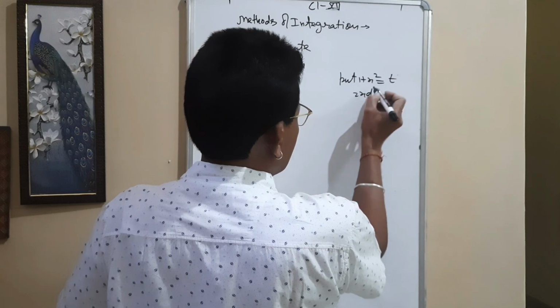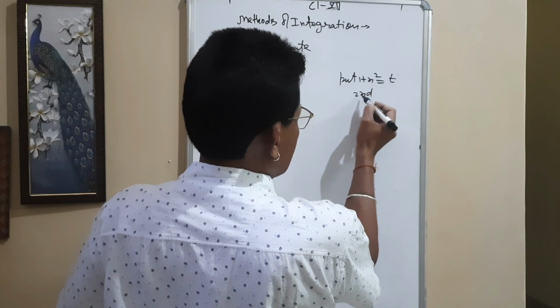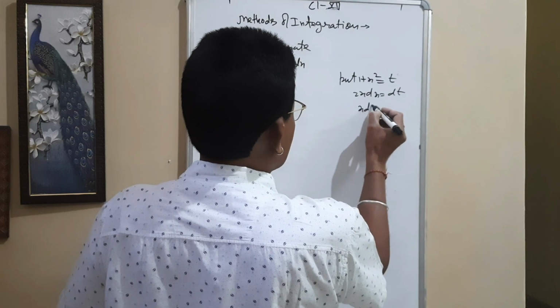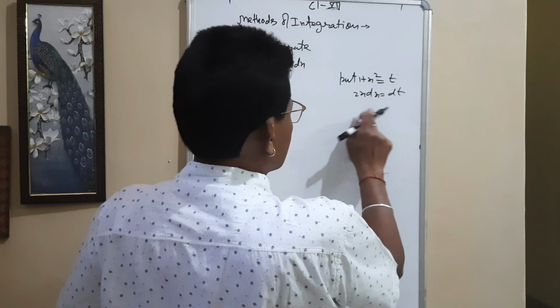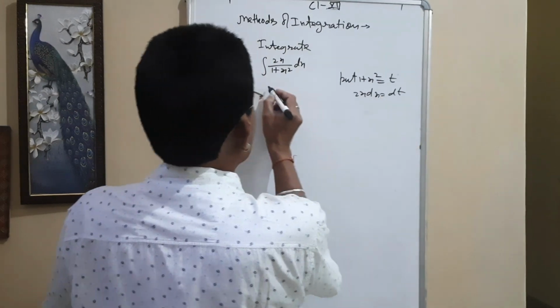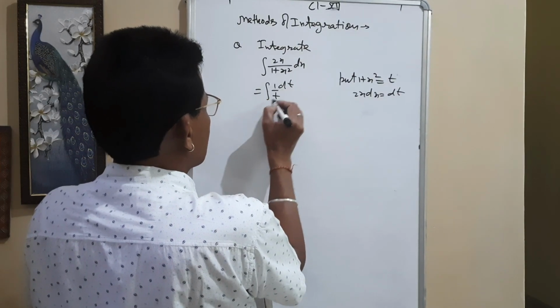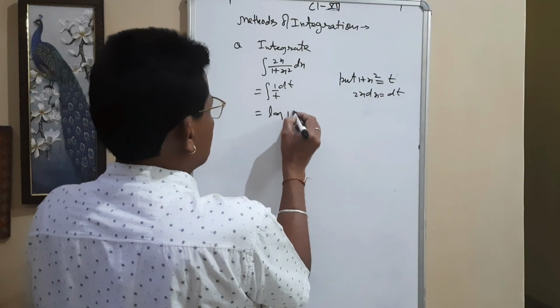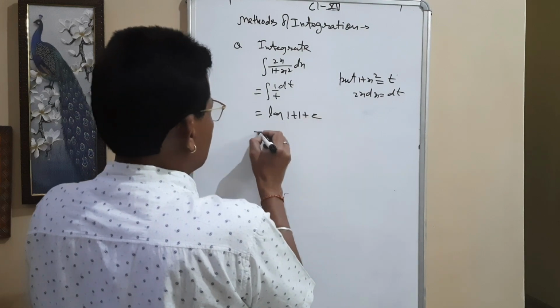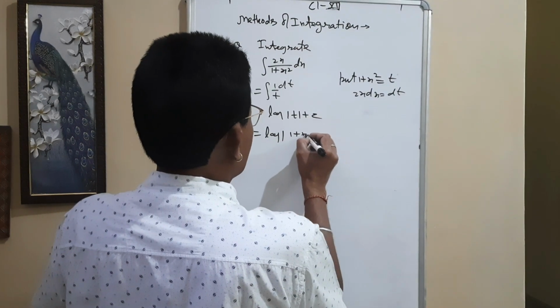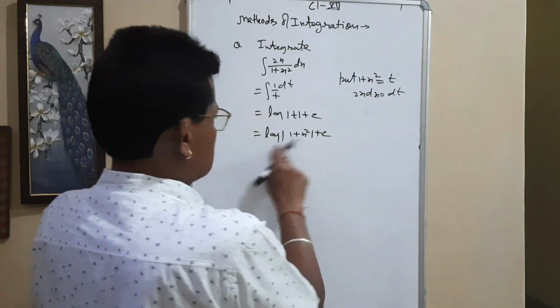Always I take t. Differentiation of x square, that is 2x dx, will be equal to dt. 2x dx is equal to dt, it is given over here. So dt upon t will be equal to log t, my dear student, plus c. I will tell you each and every important step: that is 1 plus x square, this is the value of t.